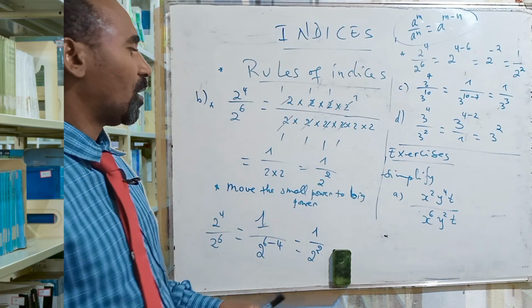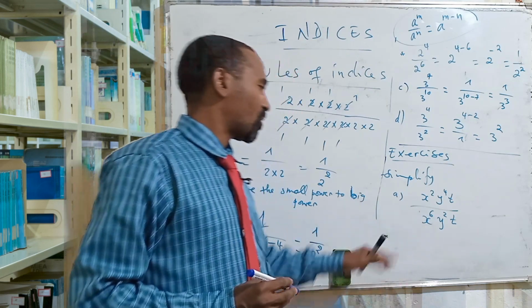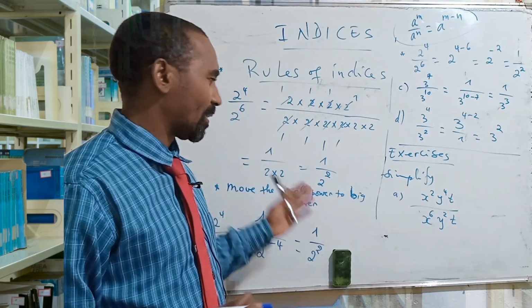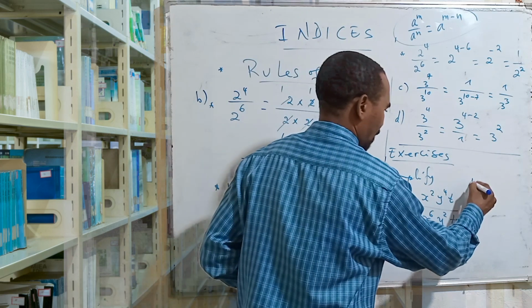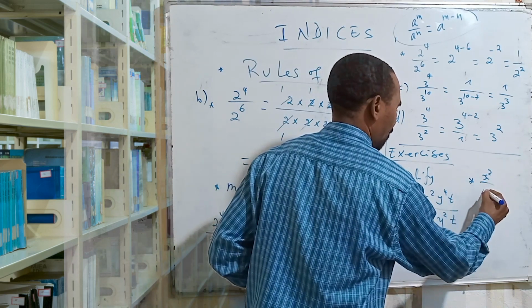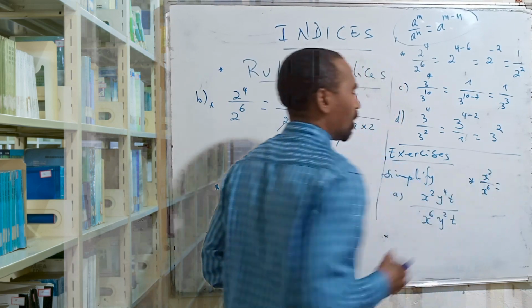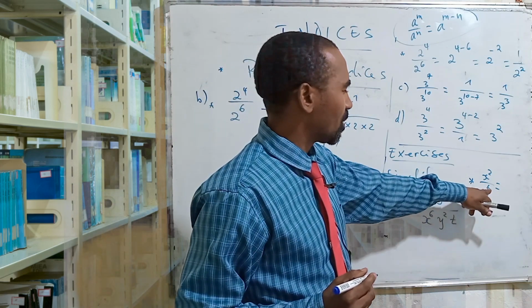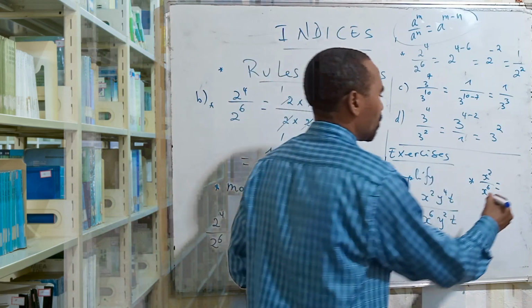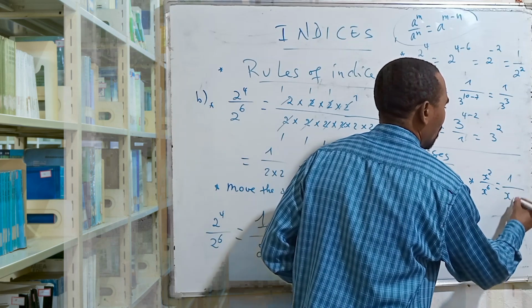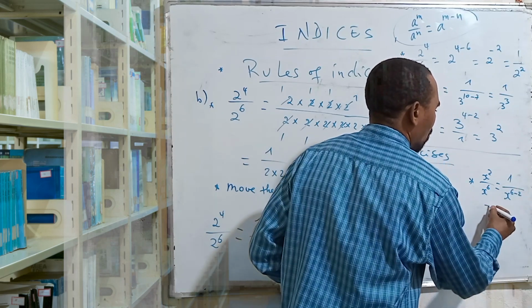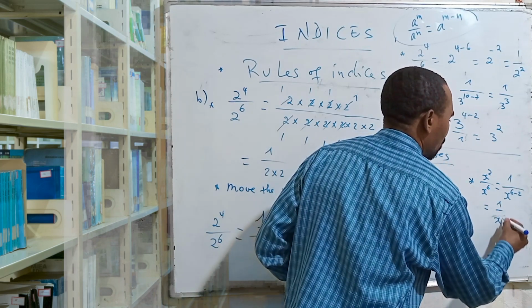Here, we simplify first of all same letters, like terms. I can take x squared over x power 6, and as the denominator has big power, I move the numerator power to denominator. I get 1 over x power 6 minus 2, which is 1 over x power 4.